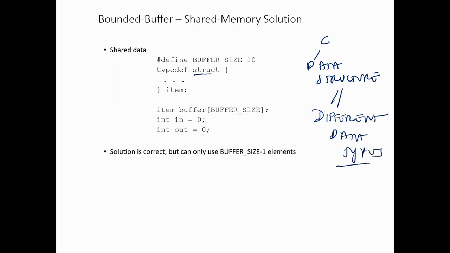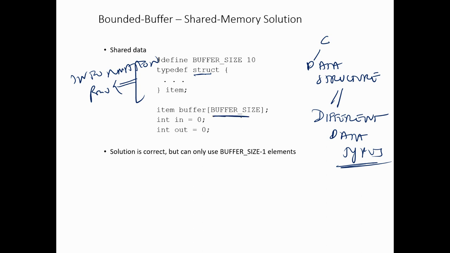So if I have information containing different data types, I can create a structure which contains different types of data. Now this structure is going to hold the information about the process. Am I right or wrong? Yes, this gives me the information about the process.